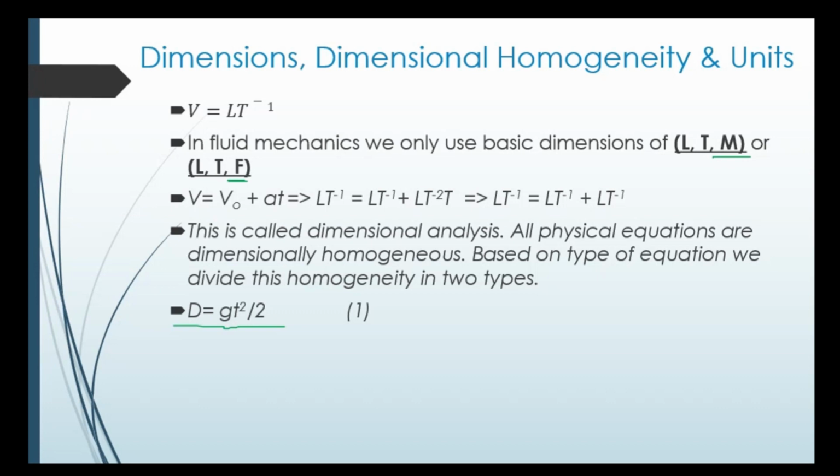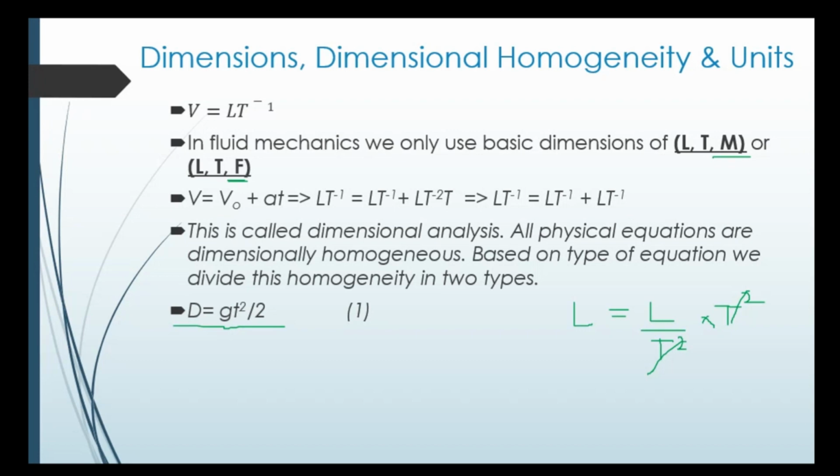If g is generally defined, then it is generally homogeneous. d is length, g is length divided by time square, and t is time, again in square. So it's a general homogeneous equation. I have omitted 2 because it's a constant.